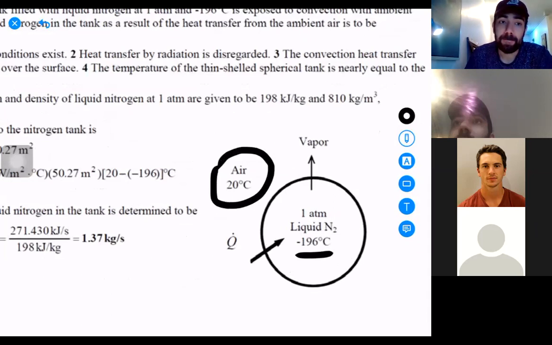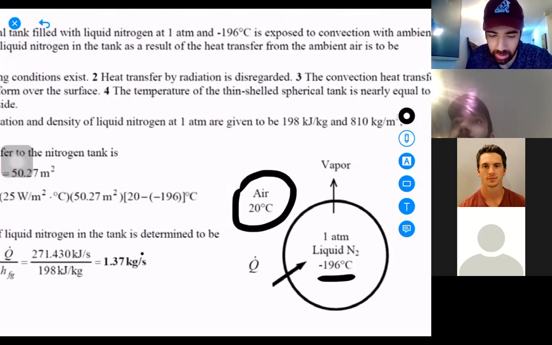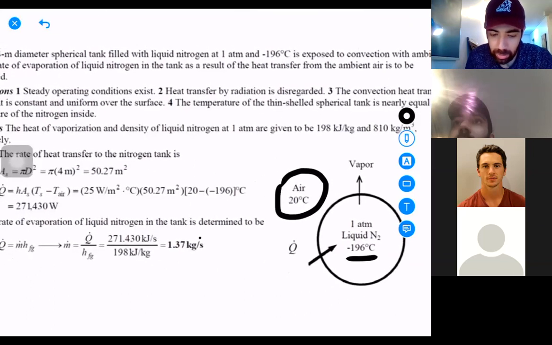And we know when there is a temperature difference, we always have a flow of heat from the place of higher temperature to the one which has a lower temperature. So basically, the energy from the air is being absorbed into the tank, and that amount of energy is transforming my nitrogen from liquid to gas. As you see, the question is saying here, liquid nitrogen.